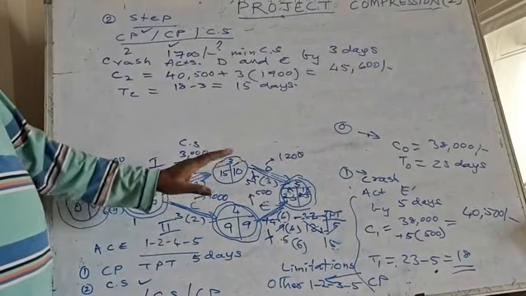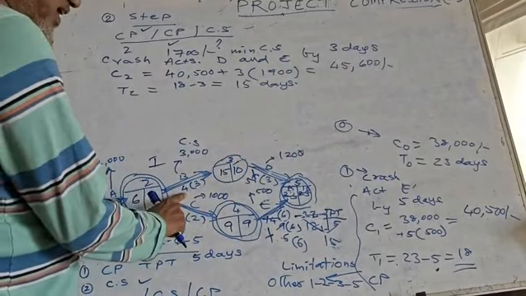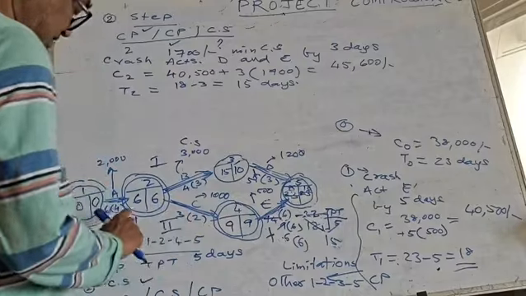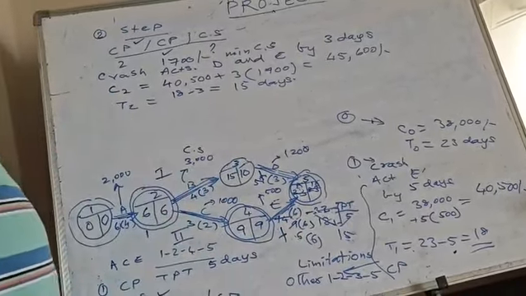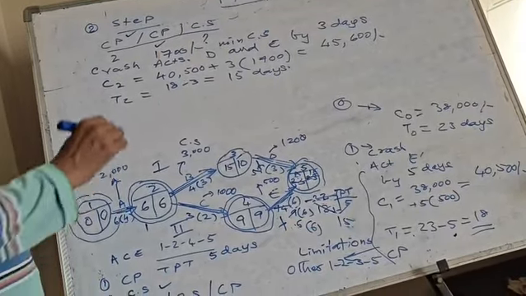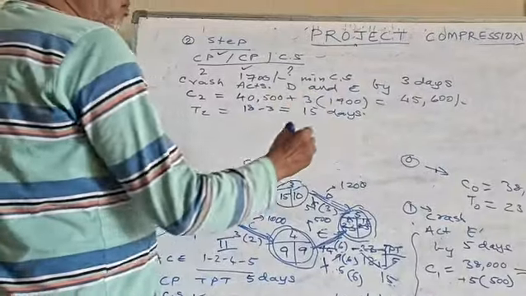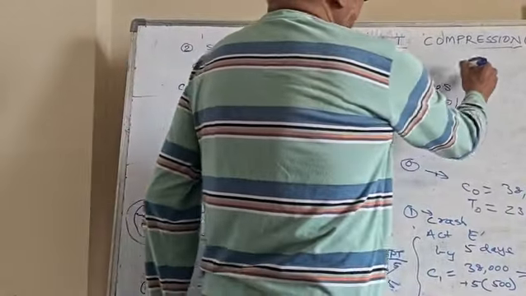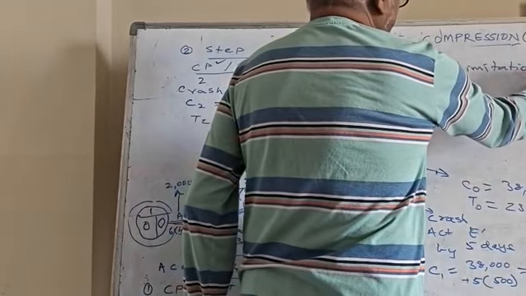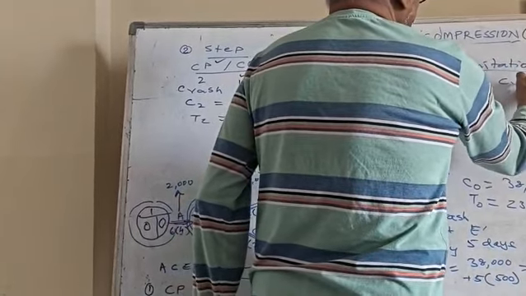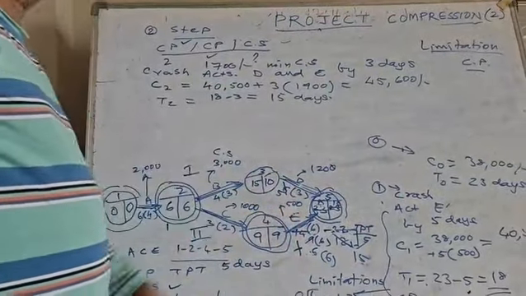That means we have not distorted any path, because if you count from here, 6 plus 4 is 10, 10 plus 5 is 15, 6 plus 3 is 9, 9 plus 6 is 15. Both the paths will still remain critical, but the limitation was crash potential. That was the limitation. It could not be done.